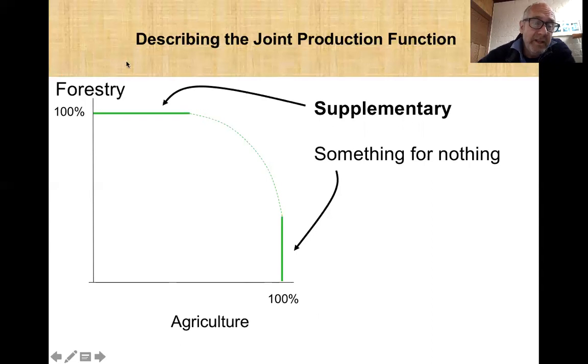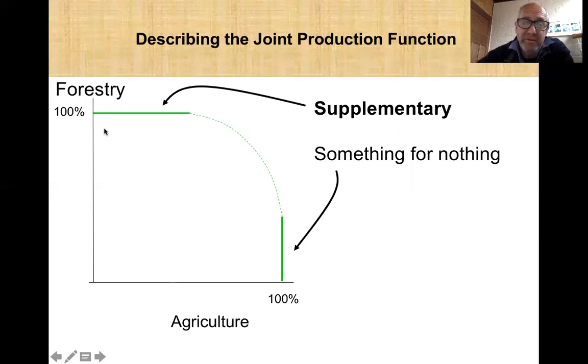And you may, if you're in the tree planting game at the other end, think of scenarios where you've got forestry, whether it's for conservation or profit or timber production or whatever, and you start adding a little bit of agriculture, or a little bit of tourism, or a little bit of something else to the system, and you have no impact on the amount of forestry production or value up to a certain point where it starts impacting.